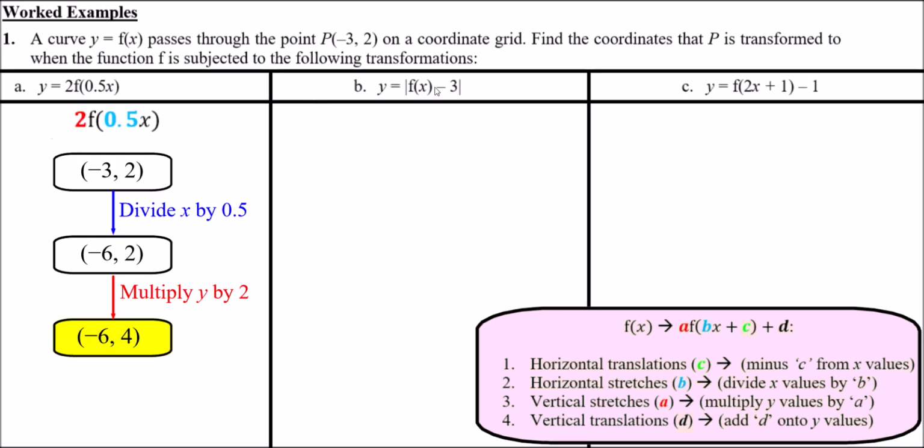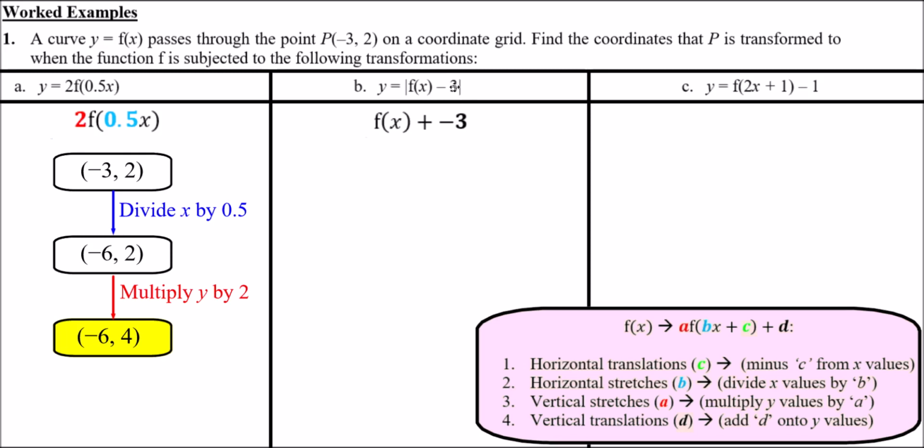For part b, the main thing here is this negative 3. That negative 3 is just a number outside of the function brackets, so this works as our d. So let's consider this as f of x plus minus 3. Start from the inside and work out, so we can worry about the modulus signs after. First of all, just start with f of x plus minus 3.